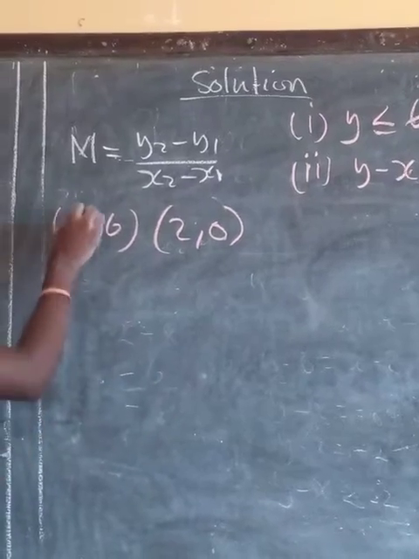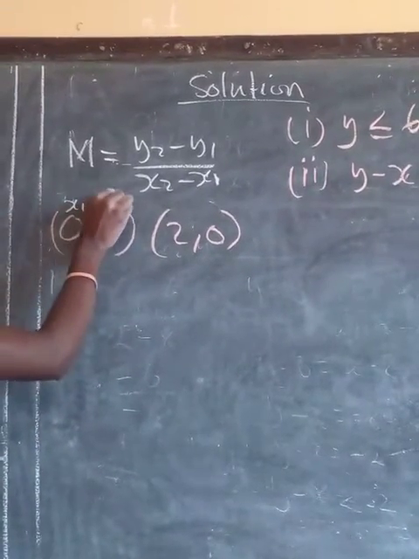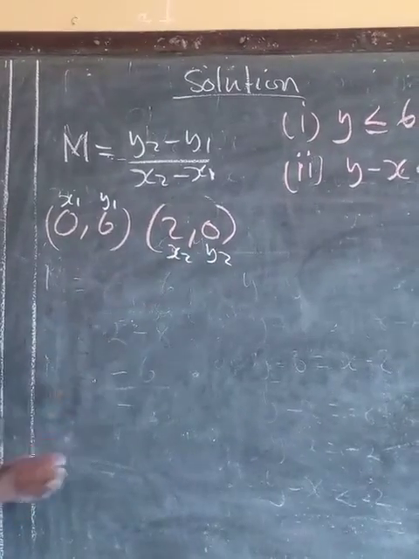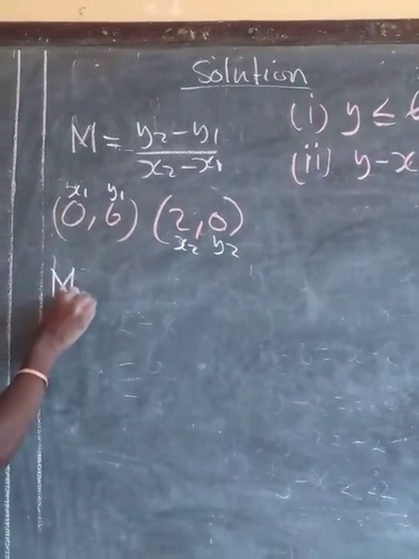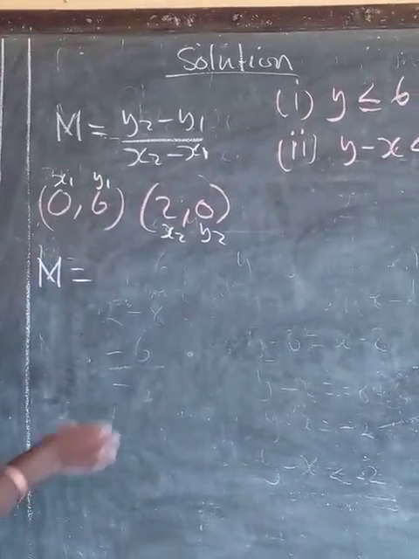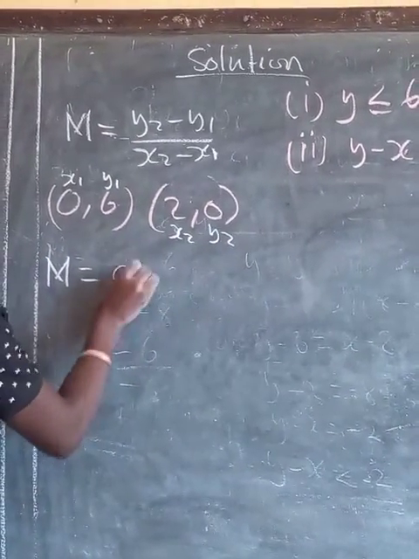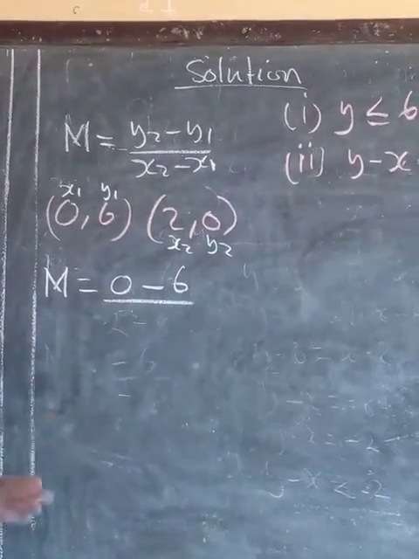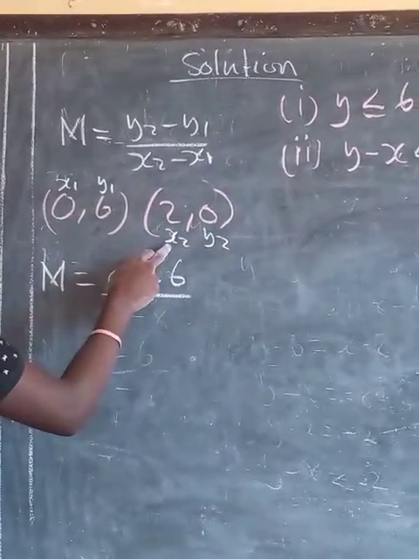Same procedure. This would be my x1, this would be my y1, x2, my y2. Now I find my gradient first. Always you first find the gradient. What is my y2? It is 0 minus my y1, which is 6. And what is my x2?